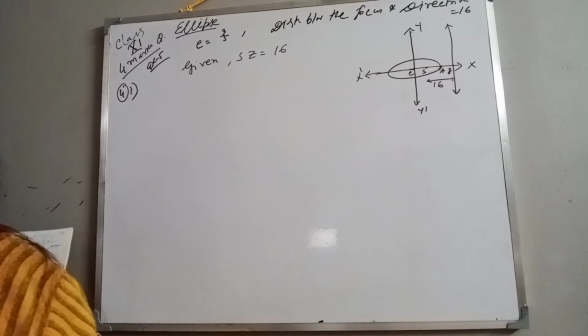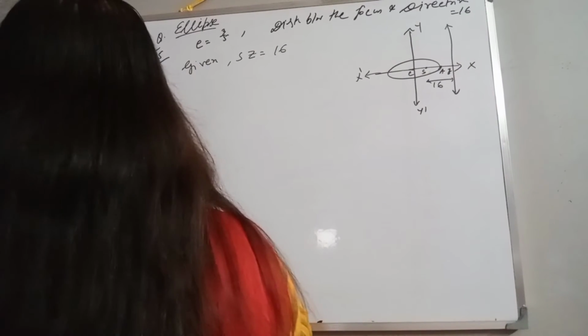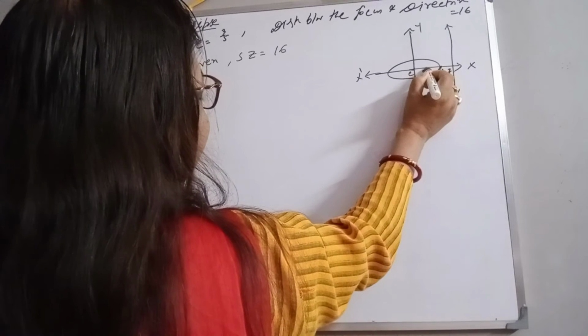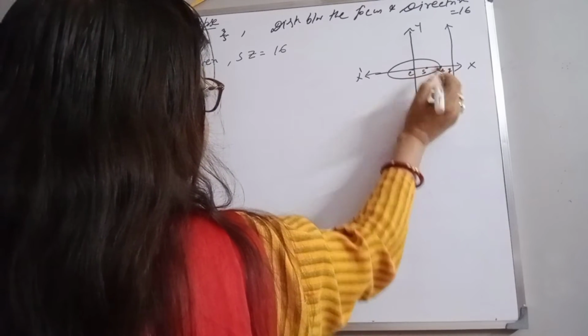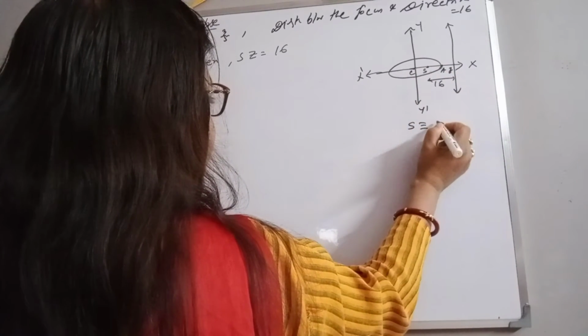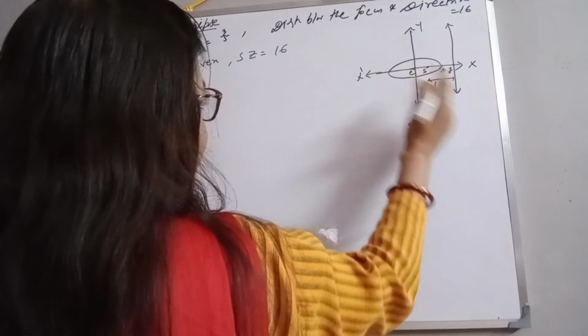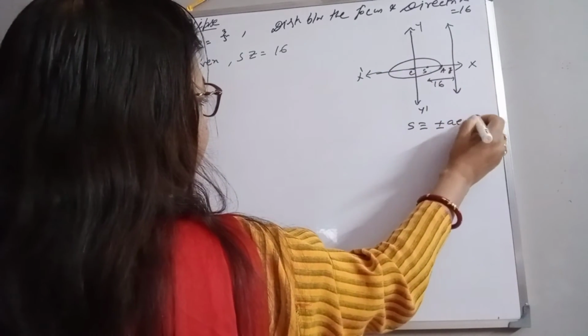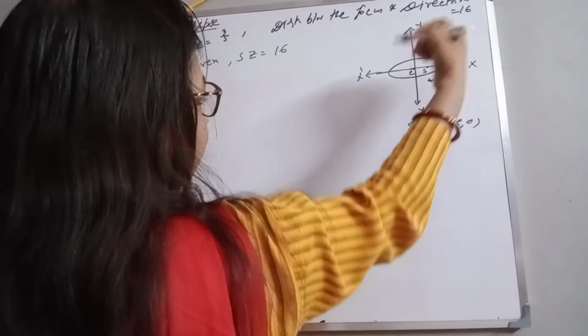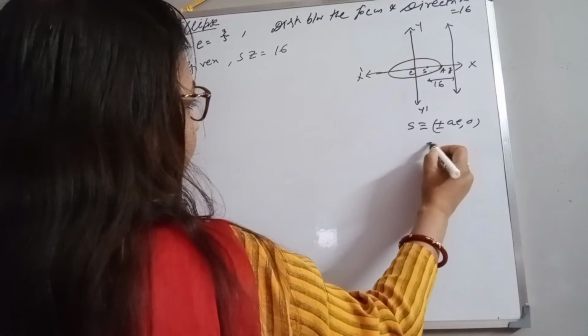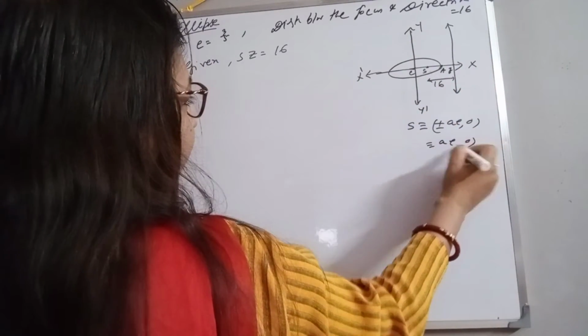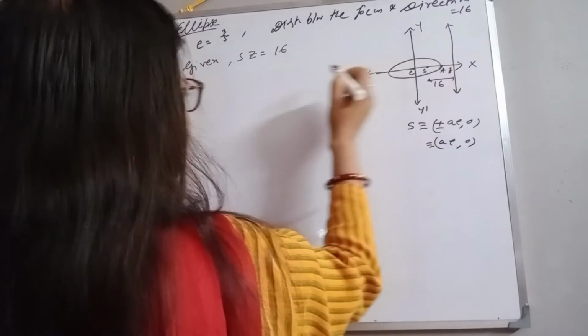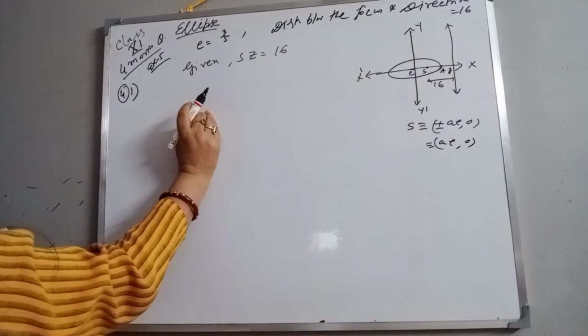Now CS is equal to AE. Why? Because the focus of the ellipse is plus or minus AE comma 0. Since it is towards the positive x-axis, we take this as AE comma 0. So the S coordinate, that is CS, we can write as AE.